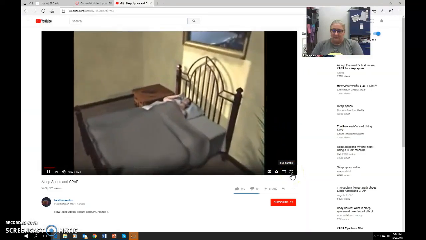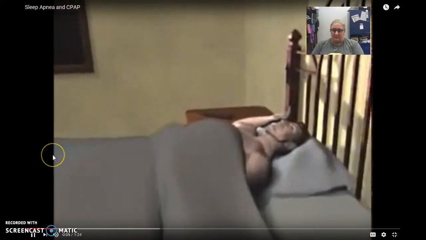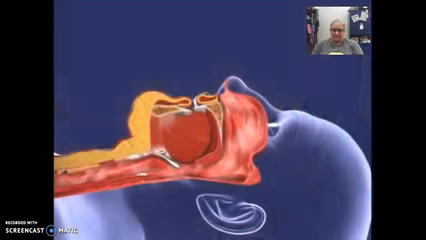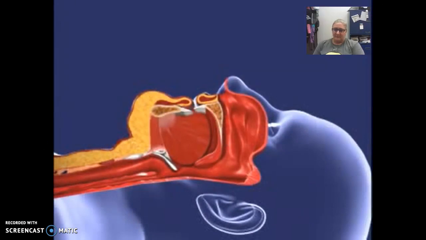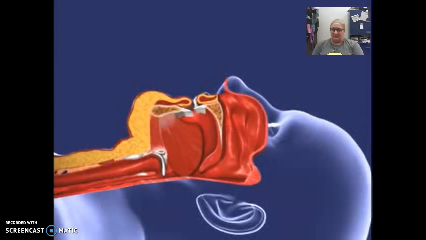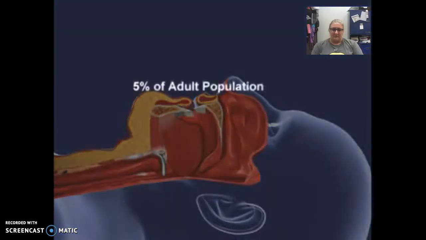Obstructive sleep apnea, or OSA, is a potentially life-altering and life-threatening breathing disorder that occurs during sleep. OSA causes a person's upper airway to repeatedly collapse, causing cessation of breathing or an apnea. In addition, OSA also causes inadequate breathing or a hypopnea, in addition to snoring and ultimately sleep fragmentation. Prevalence of OSA is estimated at 5% of the adult population.